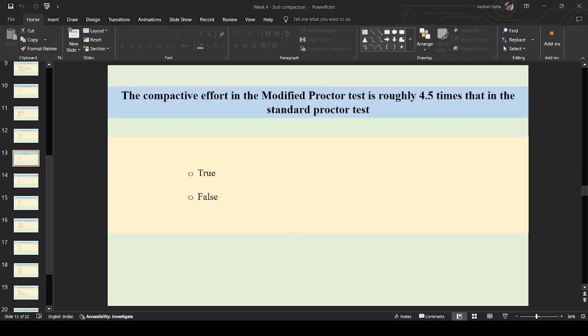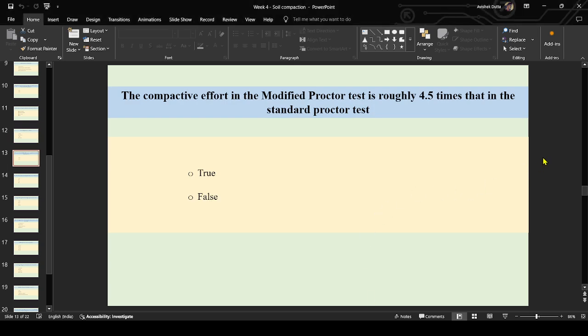Again a true false statement. The compactive effort in the modified Proctor test is roughly 4.5 times that in the standard Proctor test. Is this statement true or false?